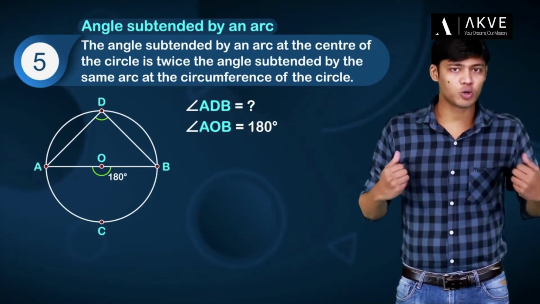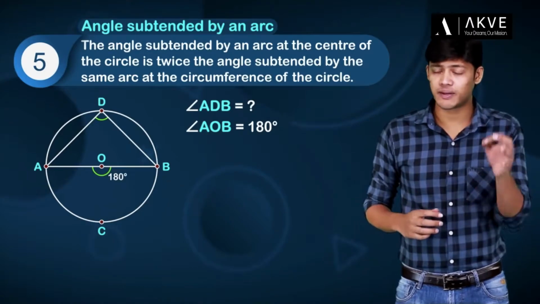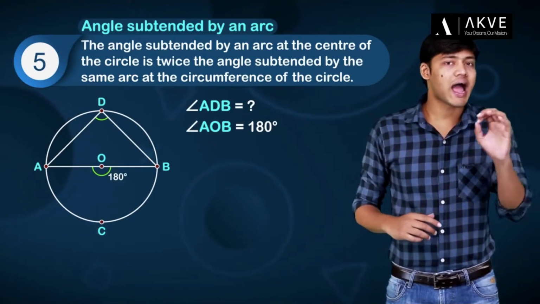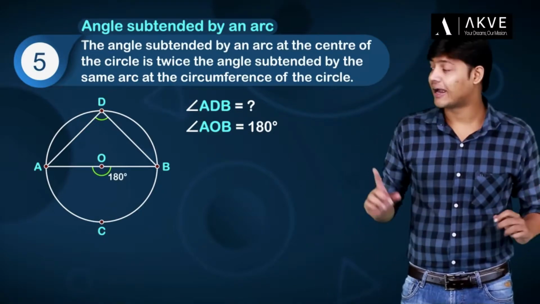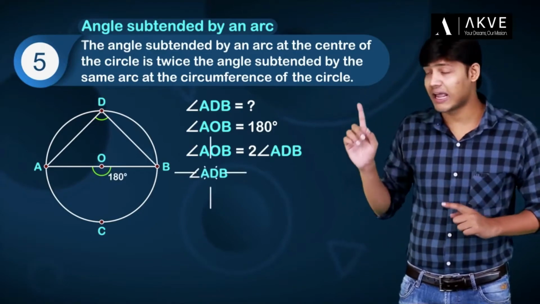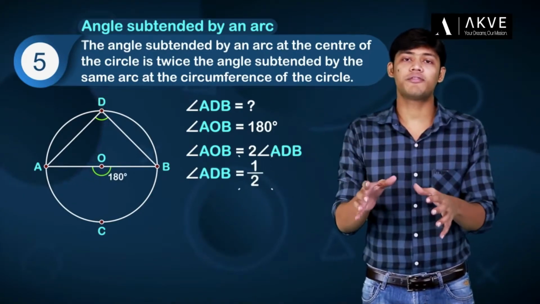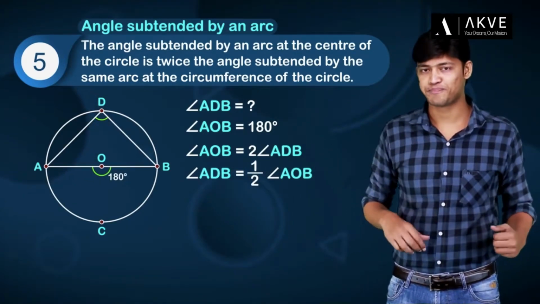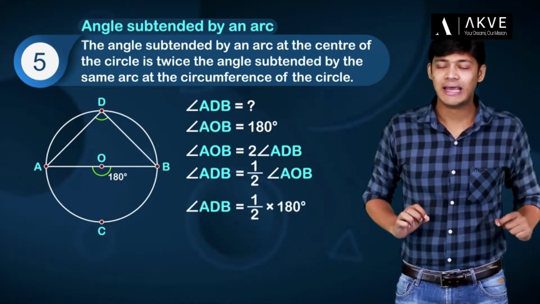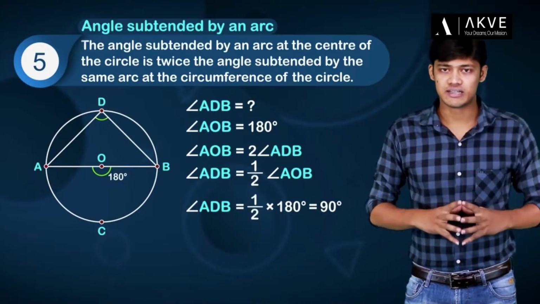Now we know that the angle subtended by the arc at the center of the circle is twice the angle subtended by the arc at the circumference of the circle. So therefore the angle ADB will be half the angle AOB. So we can conclude that the angle ADB is equal to 90 degrees.